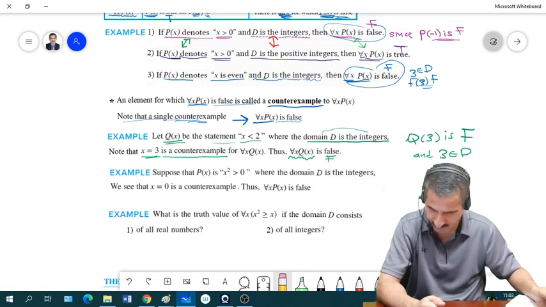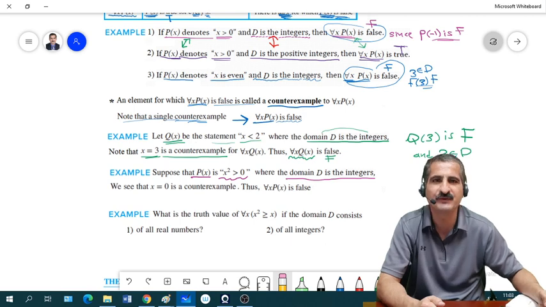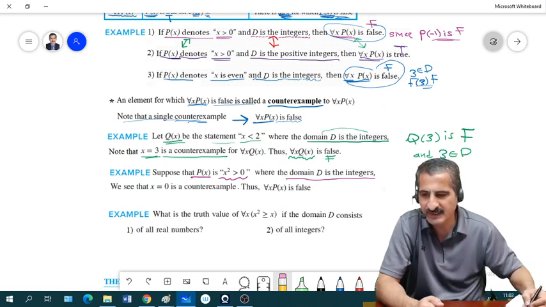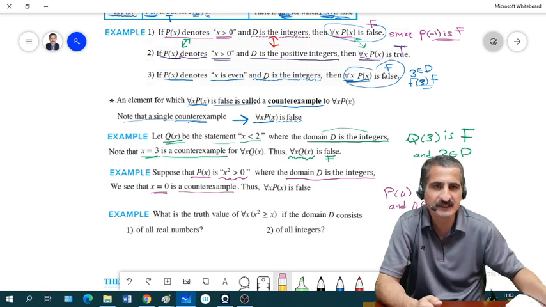Another one, if p of x is x squared greater than x, where the domain D is the set of integers, then x equals 0 is a counterexample. Why? Because p of 0 is false, and 0 is in the domain. 0 squared is not greater than 0.